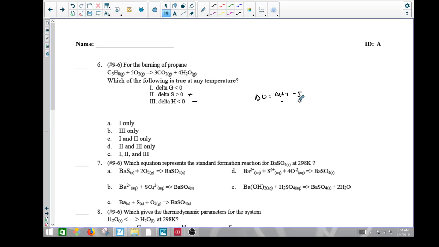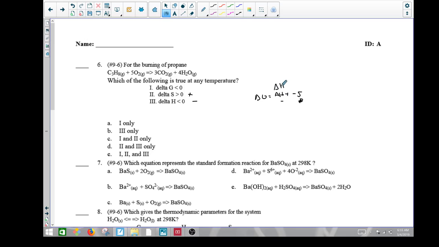Negative here. Is it going to run at all temperatures? I'm increasing entropy, or I'm losing order. That's important. So I am increasing. Yeah, I got this right here.